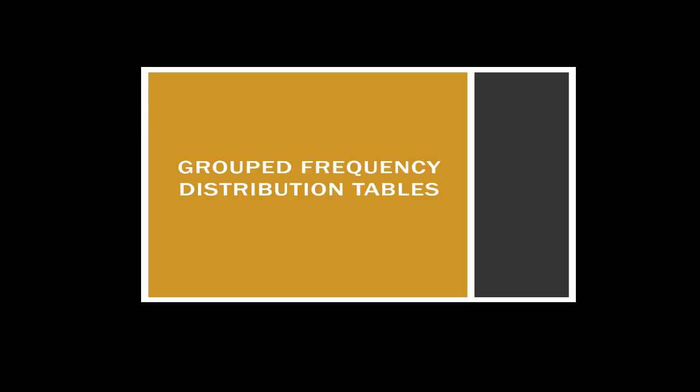So let's move on to grouped frequency distribution tables. Remember, the whole point of frequency distribution tables is to simplify large amounts of data. Sometimes there's a wide range in scores in your data set, for instance age in years. If you're looking at age, you might have people ranging in age from 18 to 100.